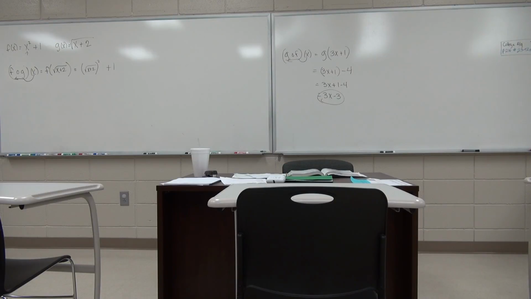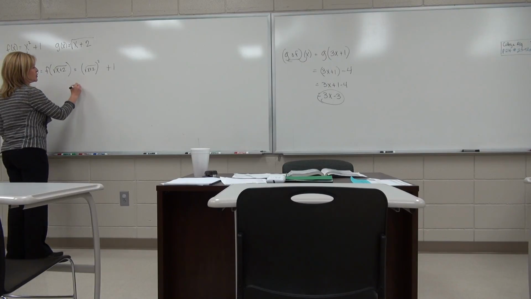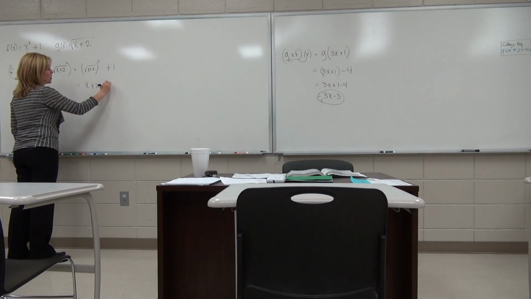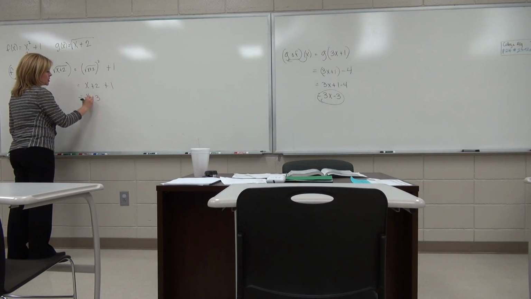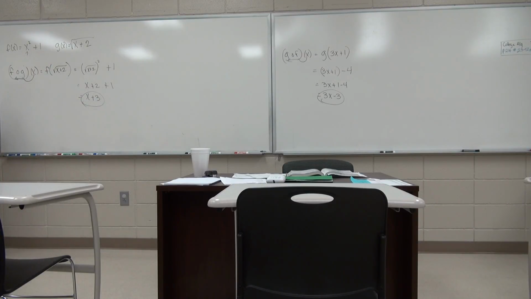What happens when you square a square root? You get what's underneath. So this would just be x plus 2 plus 1, which is x plus 3.